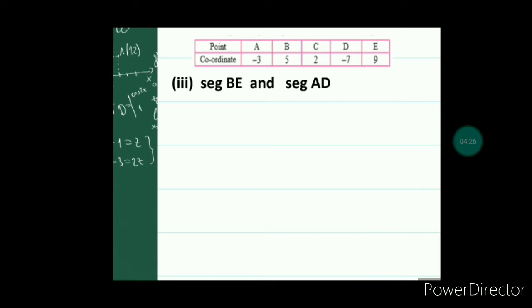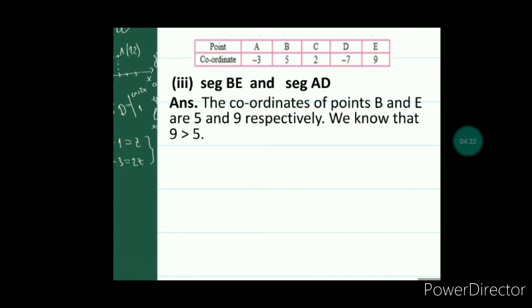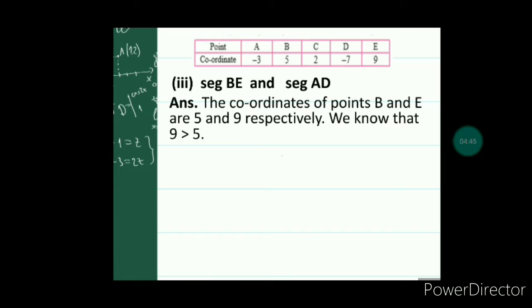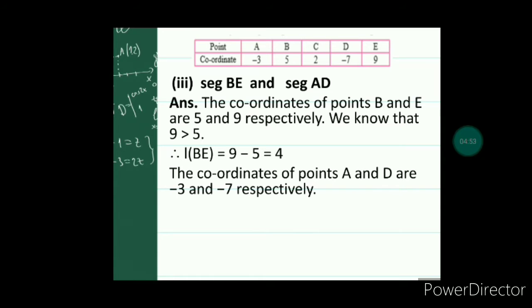Another sub question is seg BE and seg AD. The coordinates of points B and E are 5 and 9 respectively. We know that 9 is greater than 5. Therefore, length of BE is equal to 9 minus 5, equal to 4.